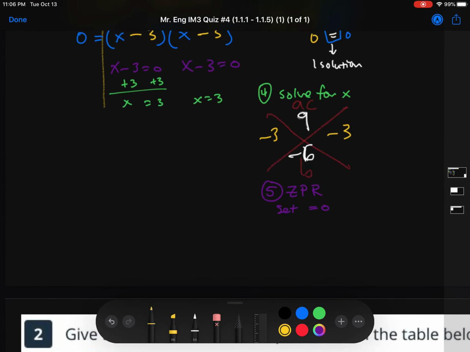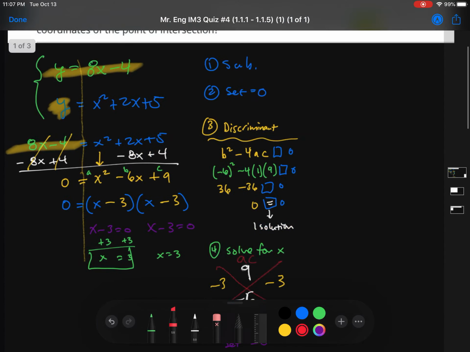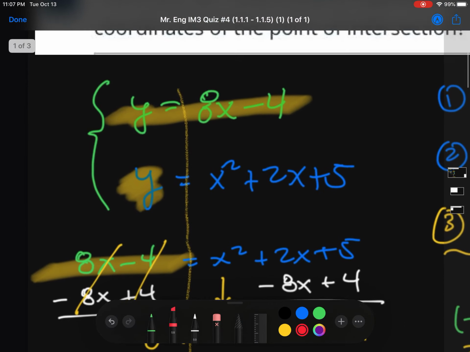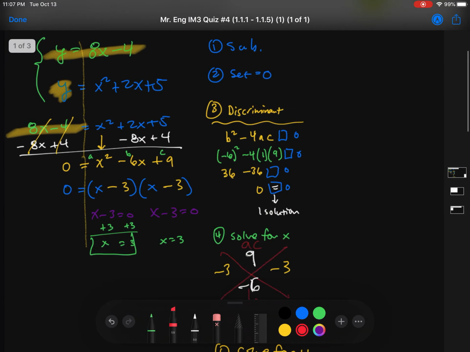And lastly, we're going to now solve for y. How do you do that? We're going to take our x equals 3 and we have two equations here that are set equal to y. And you get to pick one of these. I think it's actually easiest to pick the one that has less stuff going on.